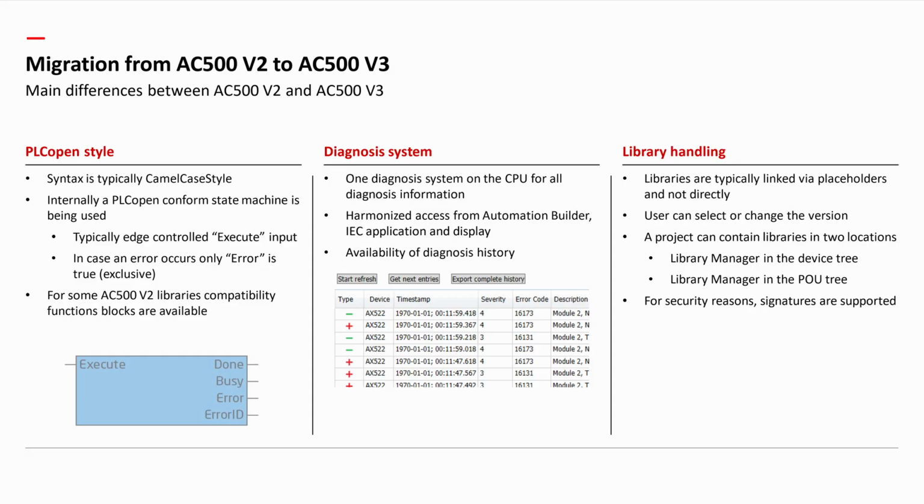In V2, the libraries are more or less inserted as a file path. In V3, there is a complete library manager where you insert the libraries as placeholders, and the manager itself checks which is the right version to choose. So the management is completely different, but the libraries you have are more or less the same as in V2.